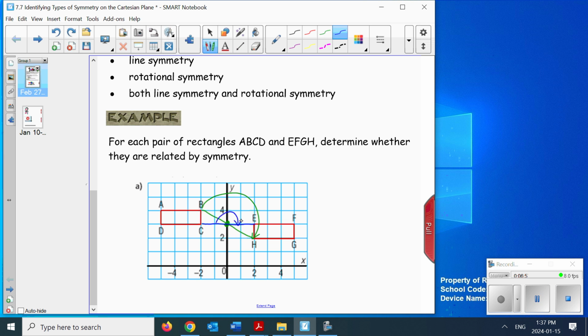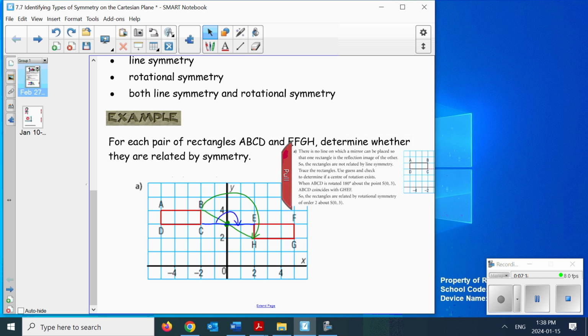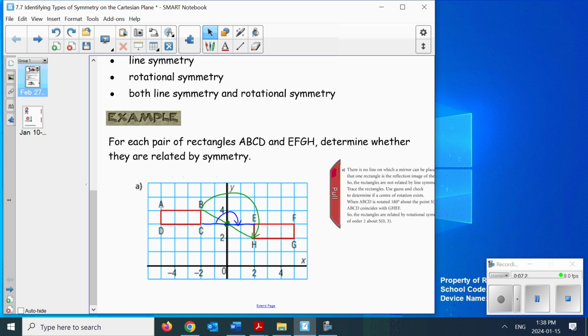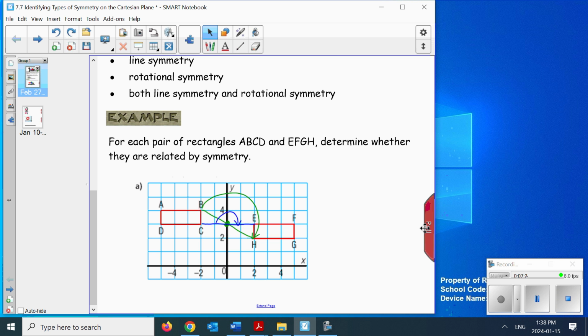That shape, you can pick up the whole shape and twirl it over. Imagine what I'm doing with my hand there. Boom, 180 degrees. So there is related symmetry there, right? 180 degrees, so rotational symmetry. No line symmetry, but 180 degrees. Okay. I think this is simple.